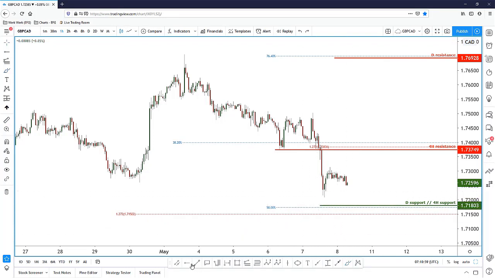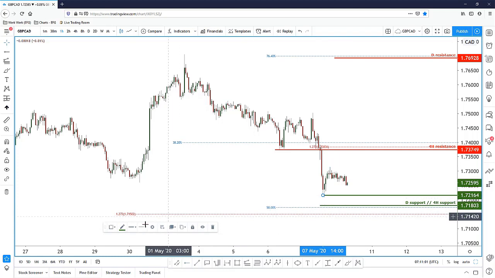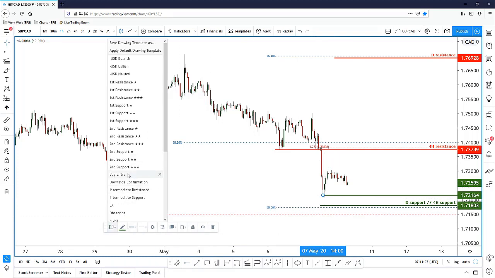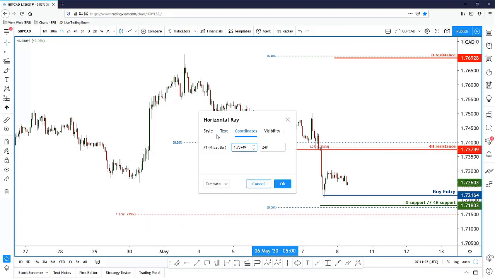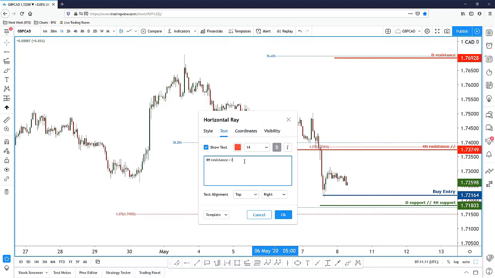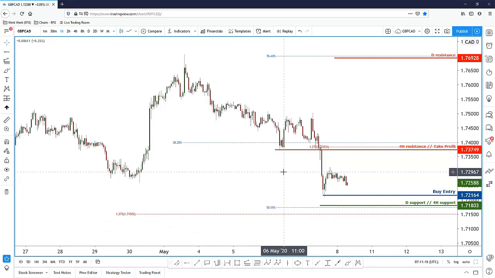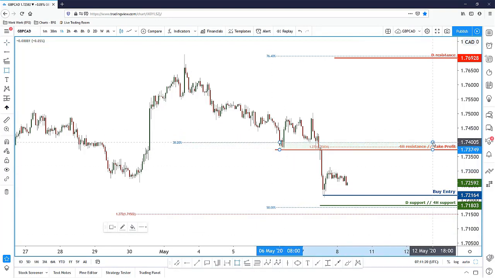Okay, I can set my buy entry at the recent low, and then this 4-hour resistance can be my first take profit. Just remember that this 4-hour resistance is actually a zone.